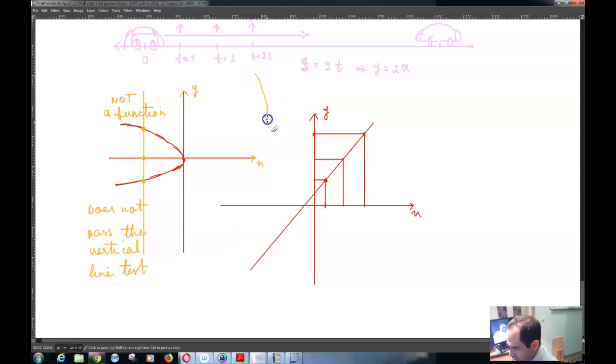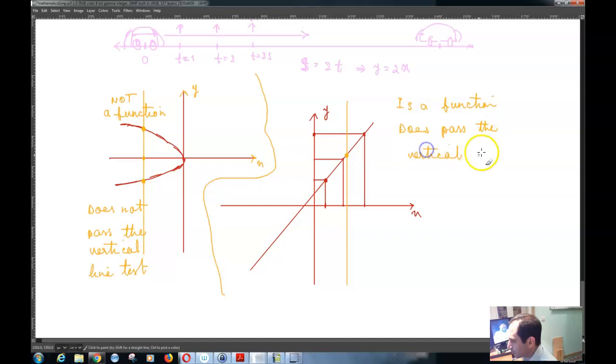But on the other hand, this over here is a function, and it does pass the vertical line test. Okay. So in this case, I can say that y is a function of x.